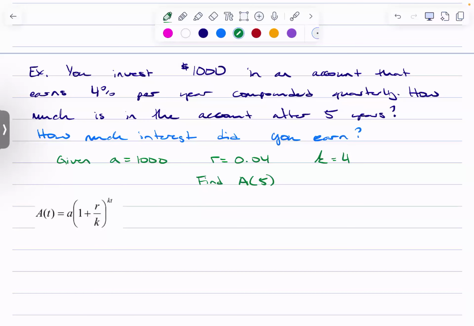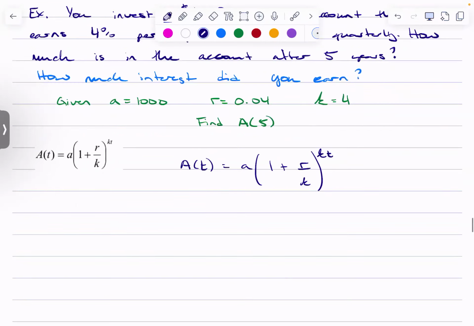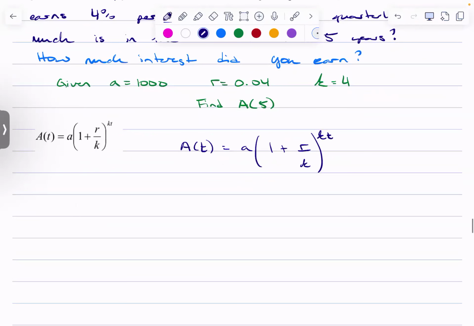So we've got all the components and we can plug those into our formula. A of t in general is A times 1 plus R divided by K to the power of K times T. The T is still in the power, it's just being multiplied by K in this case. I'll do a general A of t.